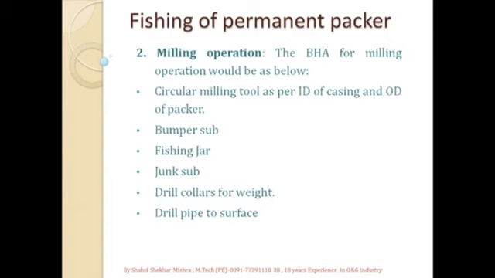Then above that we put the bumper sub and fishing jar to work on the stuck string if it gets stuck during the milling, or while pulling out or tripping anywhere. And we put the junk sub to collect the junk, the cuttings of the packer, and drill collar for the weight, and drill pipe to the surface.